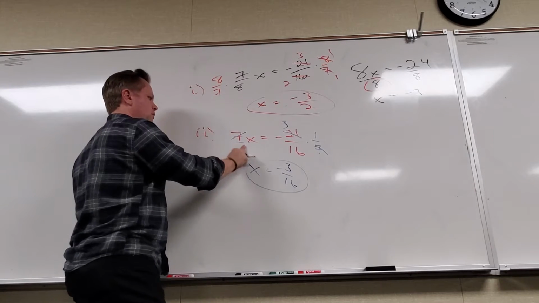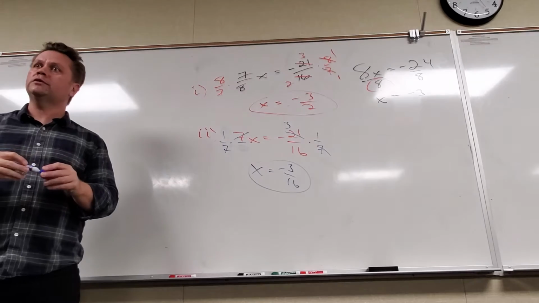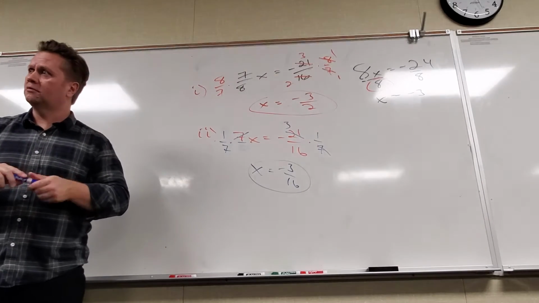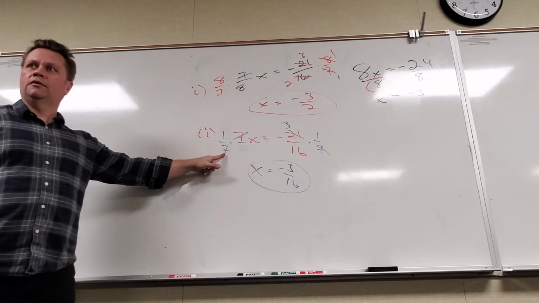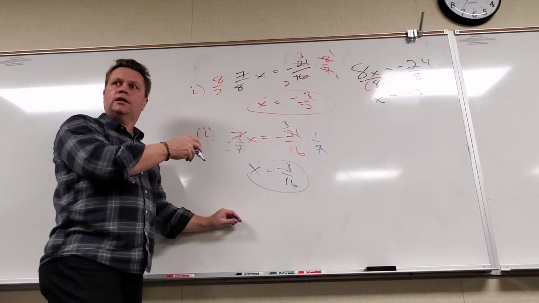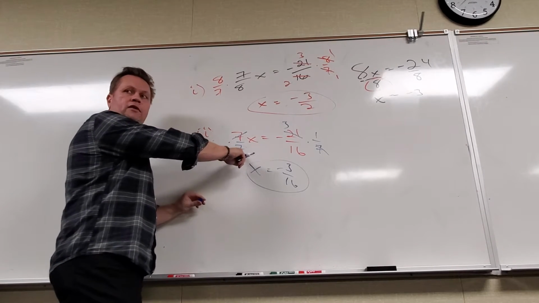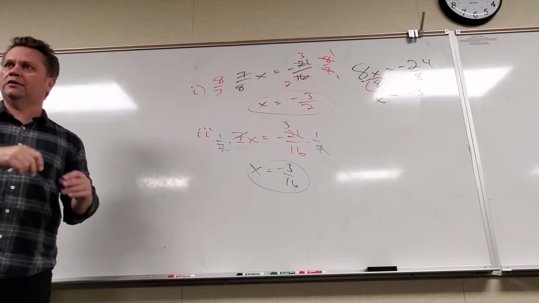Yes, which is the same thing as this. They are the same. Of course they are. Where's the 7 here? On the bottom. Where's the 7 here? On the bottom. So it's the same thing. Dividing by 7 is the same thing as multiplying by 1/7. We know this, right?